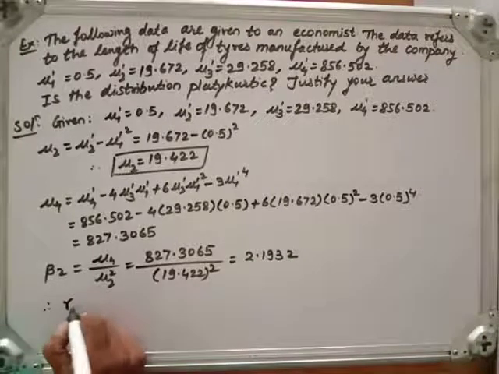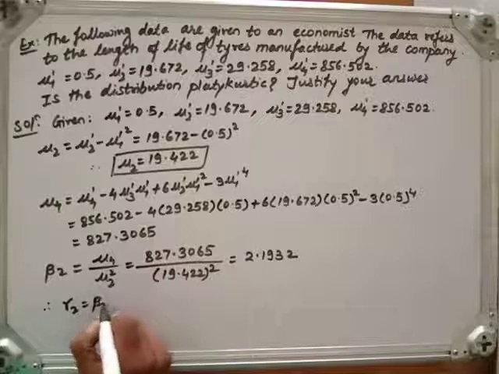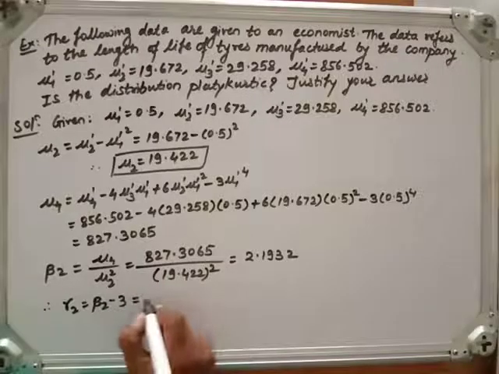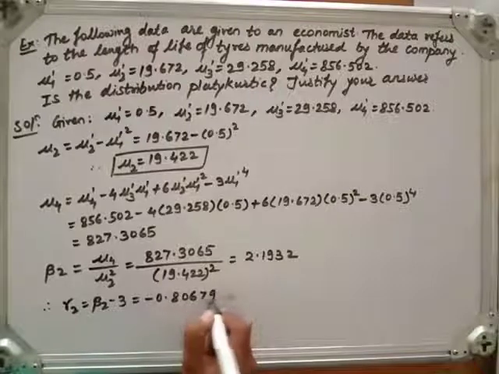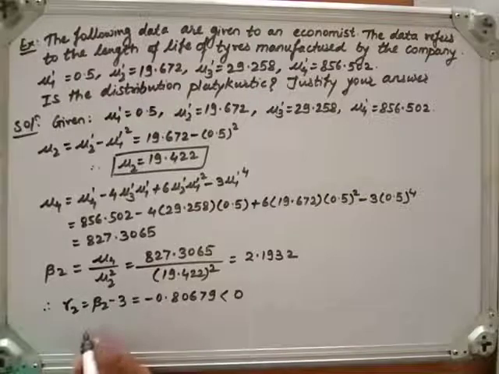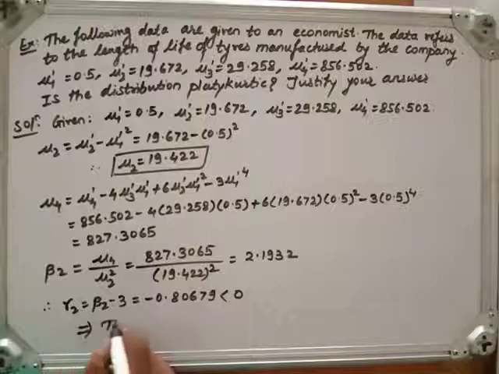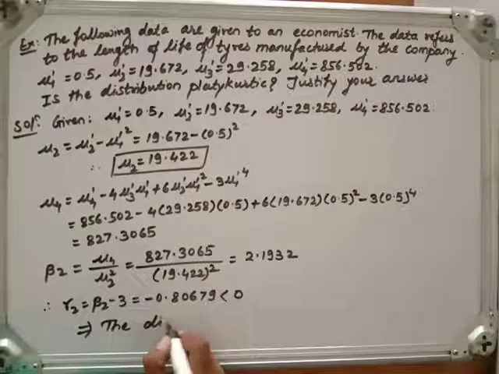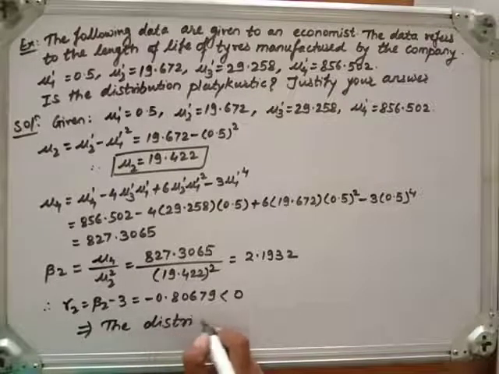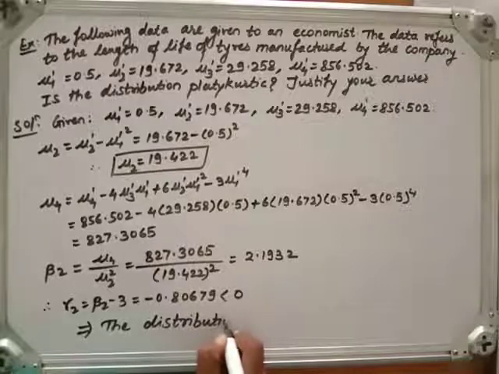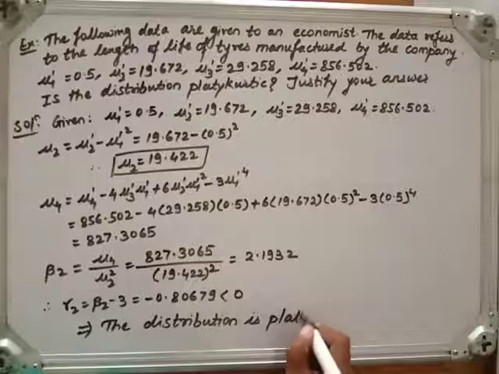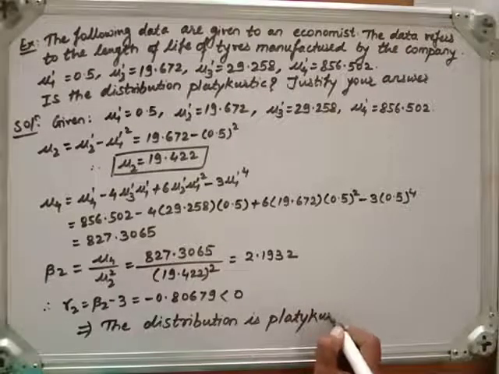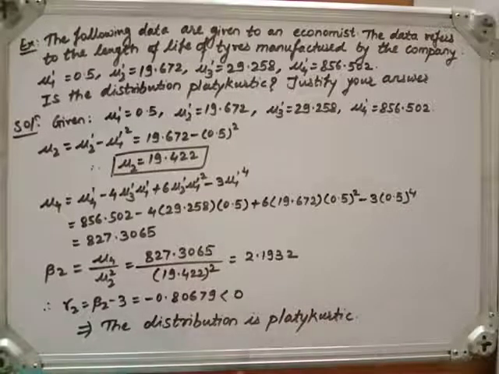Then gamma 2 is beta 2 minus 3, that is minus 0.80679. This is less than 0. So this says the distribution is Platy-Kurtic. This is the justification for that.